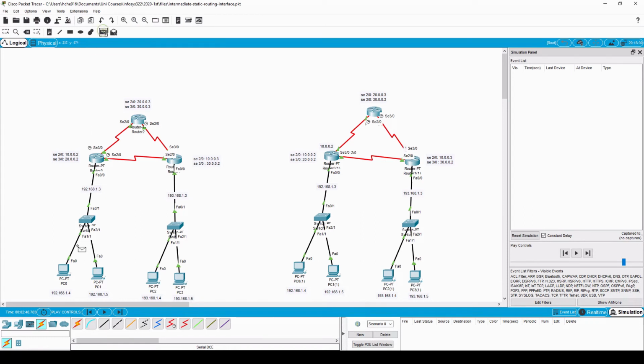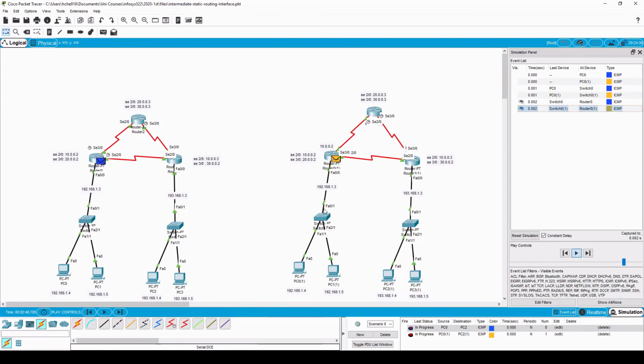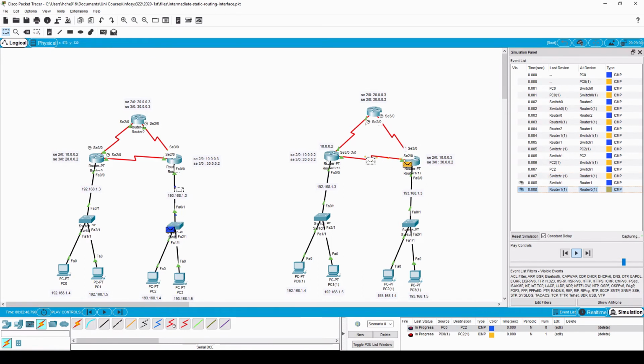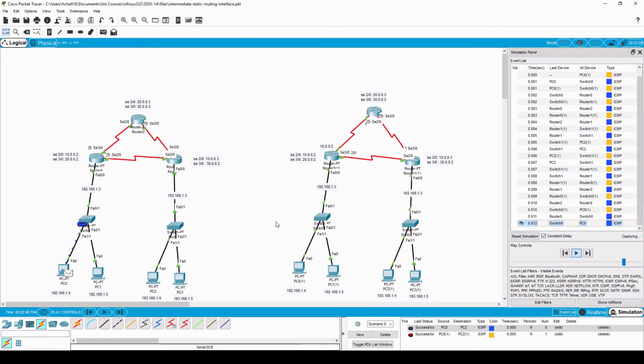If I do a test and send a packet from PC0 to PC2, you see that these packets are traveling. The first packet is going through this router, while the second packet on the second network is going directly to the third router. This happens because these two networks have different routings.